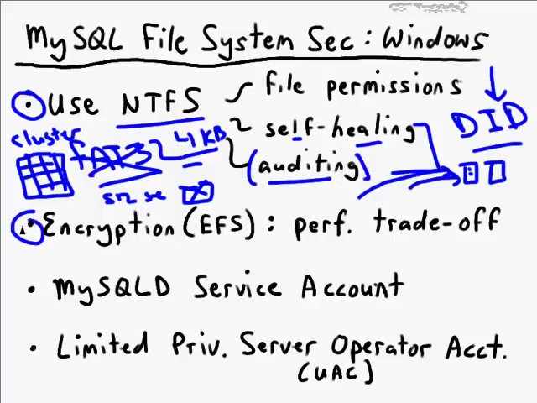Another advantage of NTFS is a Windows feature called the encrypting file system, EFS. More recent versions of Windows Server, like Windows Server 2008, and on the desktop, Windows Vista and Windows 7, have a full disk encryption system related to EFS called BitLocker. Of course, when we use encryption, here we're dealing with just first-party Microsoft-based encryption, but really it goes with any encryption system.